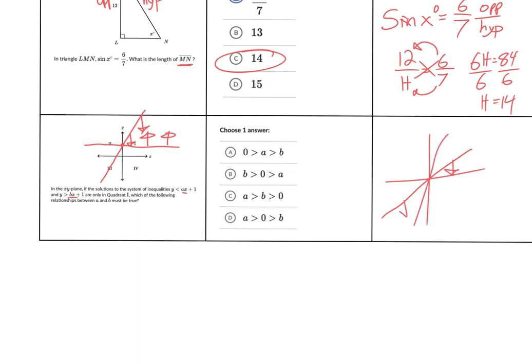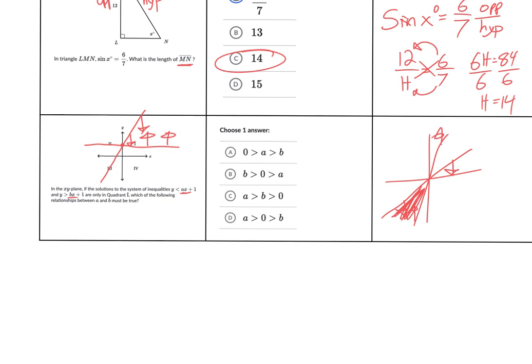Well, if we go lower than this one and above that one, solutions are going to be in the third quadrant, so that doesn't work. So it looks like the slope of the first one has to be greater than the slope of the second one, which has to be bigger than 0.